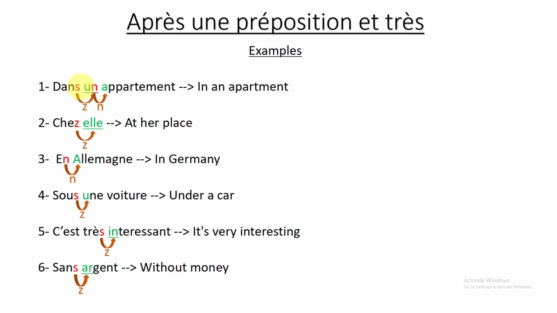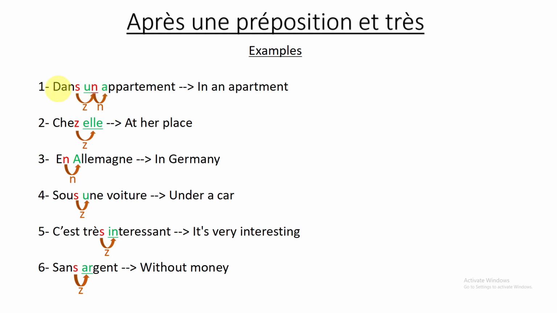This is the case here. The first word ends with a silent S, and the second one starts with a vowel, so there will be a liaison. Here again for UN, we have N, which is the silent N, and the next word starts with a vowel. So there will be another liaison here.